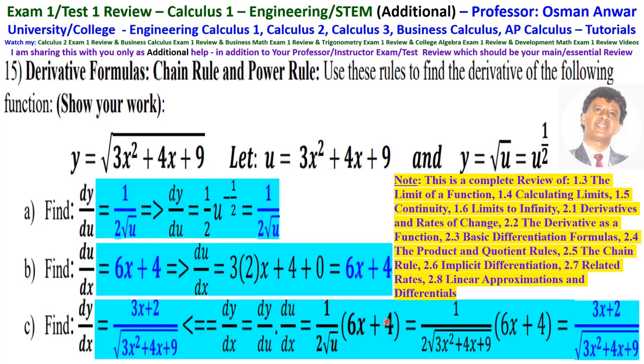So this is equal to 1 over 2 square root of, but u we know is 3x squared plus 4x plus 9, so just put it back. Times 6x plus 4. Then if you factor out 2 from here, this is 3x plus 2 over square root of 3x squared plus 4x plus 9.